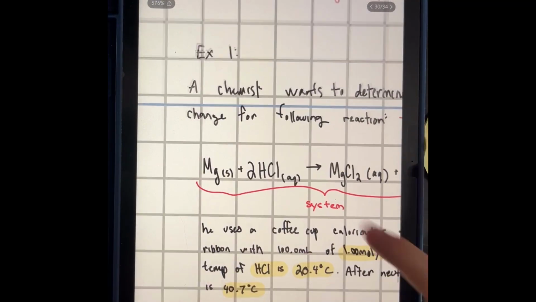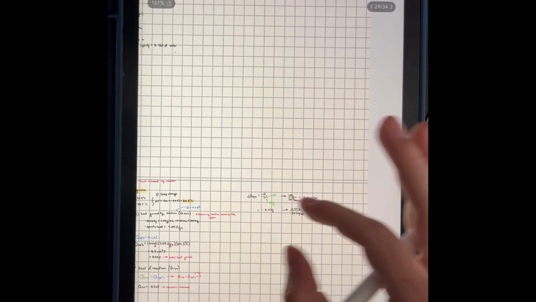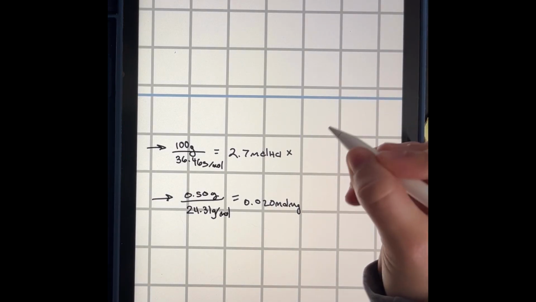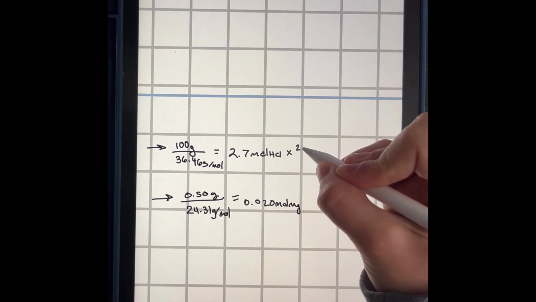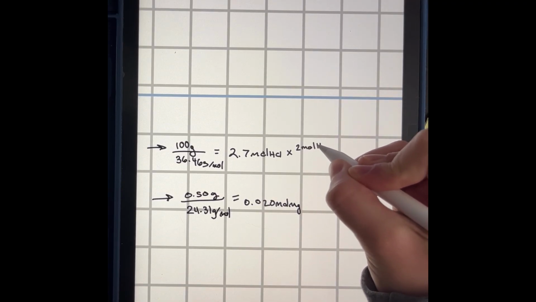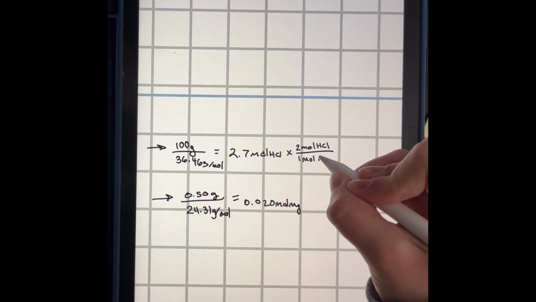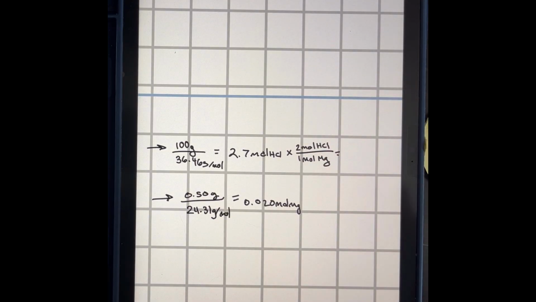But we have to check our reaction first, because we have to look at the moles: this has 2 moles versus this has 1 mole. So let's do HCl at the top, 2 moles of HCl to 1 mole of Mg, because right now these are in different combinations, right?